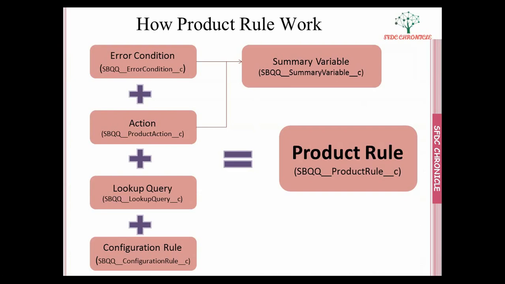Now, once we know which objects are required to run a product rule, let's move into the part where or when those rules are evaluated in CPQ.